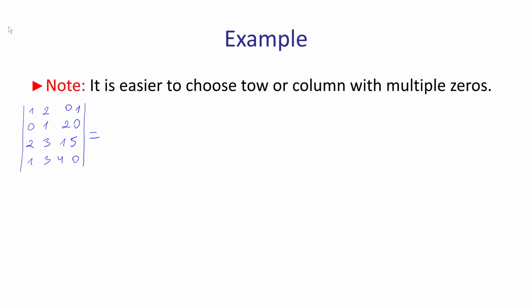Pay attention that the most convenient line here is row 2, because you have 2 zeros in row 2. And also it's convenient to develop it by the last column. Again, you have 2 zeros in the last column. So let's develop by the last column. You can develop by the second row, it will get you to exactly the same result.